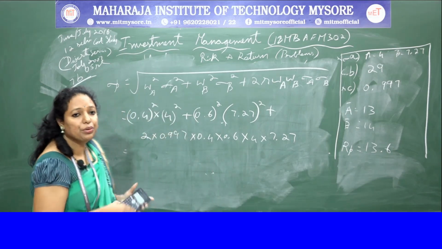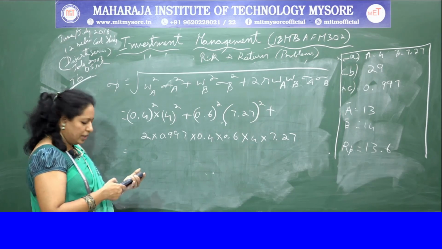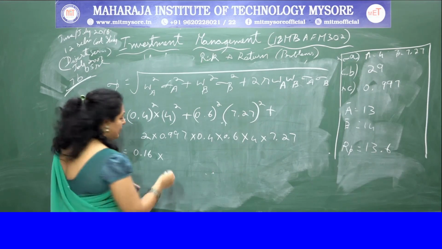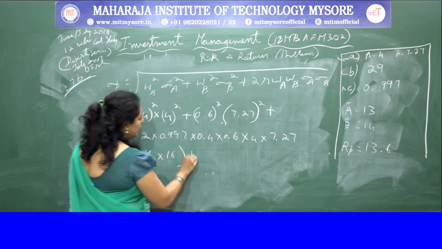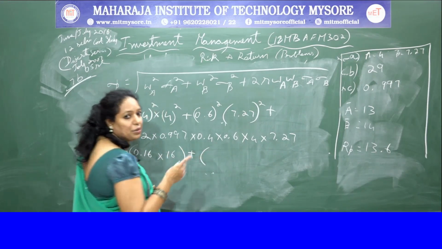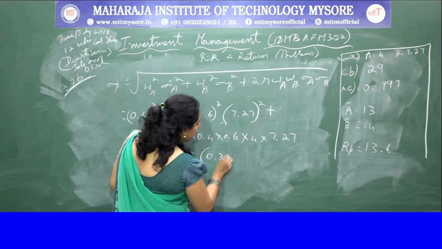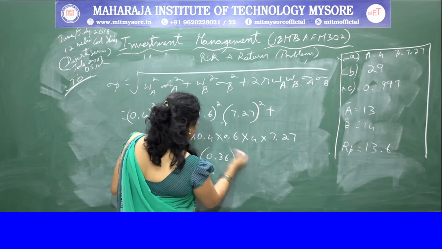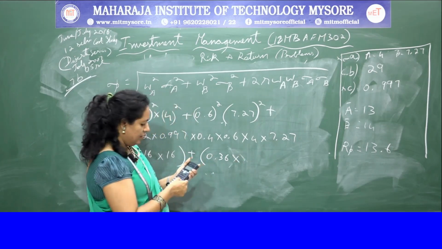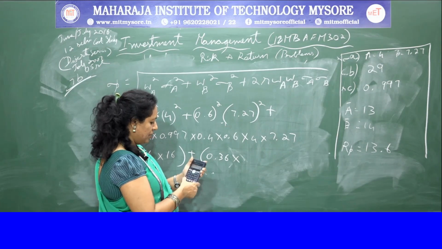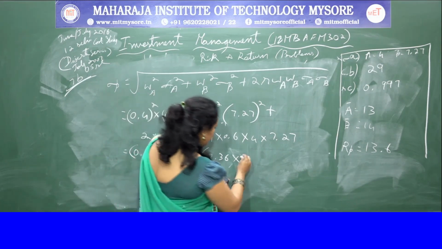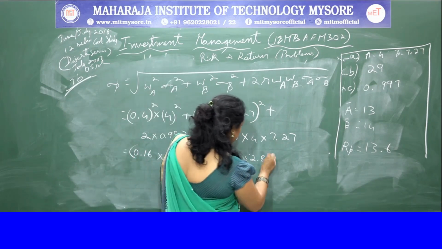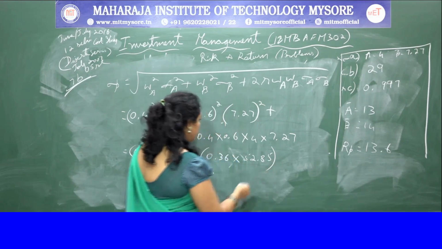Now the calculation. 0.4 into 0.4 you get 0.16. 4 fours are 16. So this is one set. Plus 0.6 into 0.6, 0.36, into 7.27 into 7.27, you get 52.85.